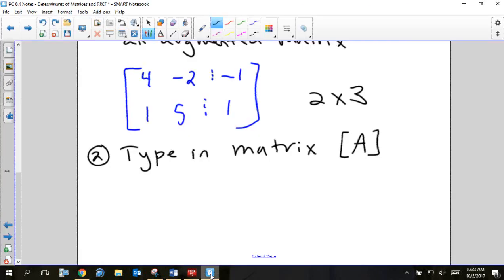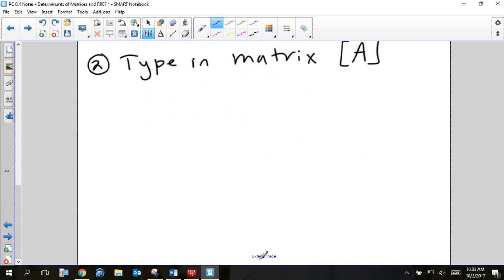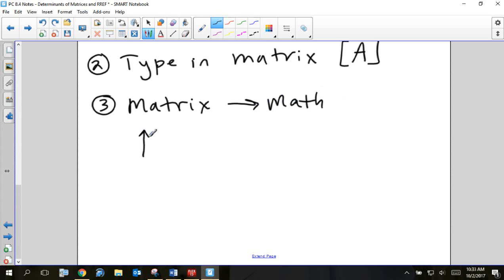Okay, and I'm going to write down what we're going to do, and then I'll go do it. So you're going to go to matrix, and then you're going to arrow over till it says math. And then I just normally arrow up until I see this choice, but it is choice B if you wanted to do alpha B. But I just normally arrow up because I never remember that it's B. We find the choice that says RREF.